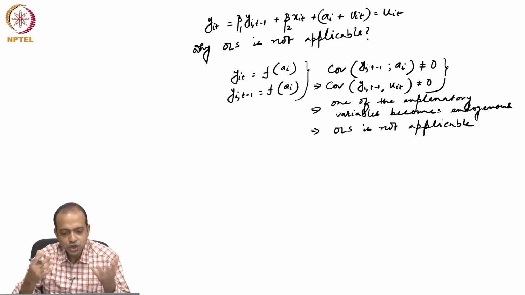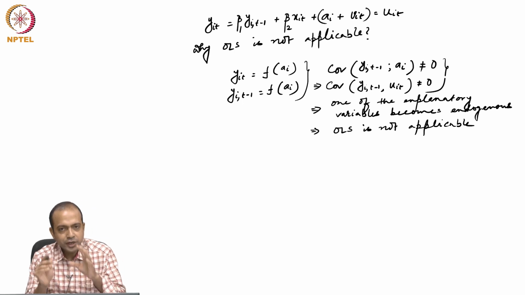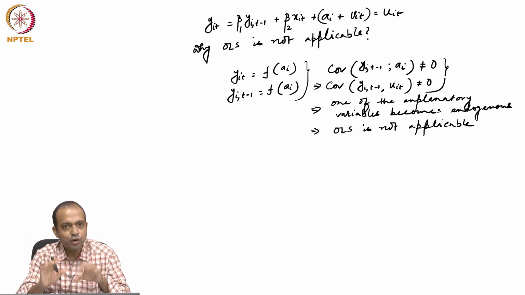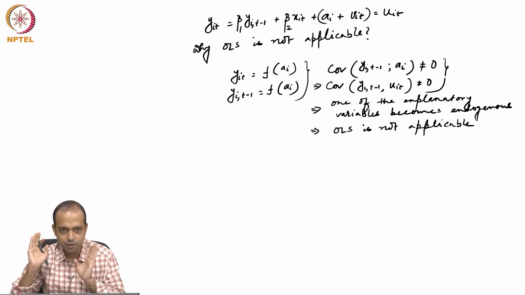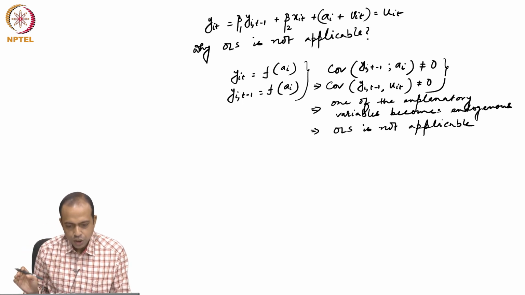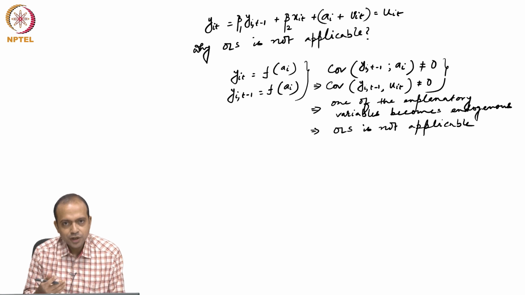So, introduction of the lag dependent variable creates this problem, that one of my explanatory variables becomes correlated with the error term, right. Secondly, what happens here? Introduction of the lag dependent variable creates autocorrelation in the model.